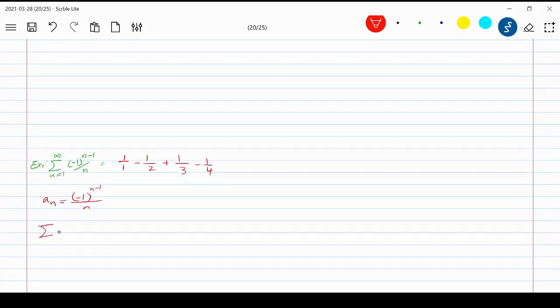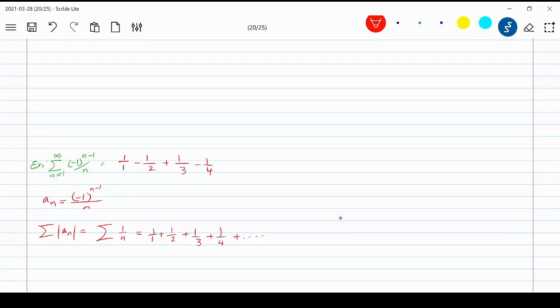The summation of the absolute value of a_n means ignore the negative power. It would be the summation of 1 divided by n. This is exactly the same series, but every term is positive. That's the absolute value, it makes every term positive. So now, is this series convergent or divergent?